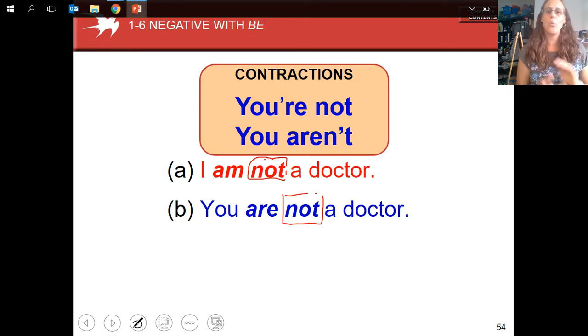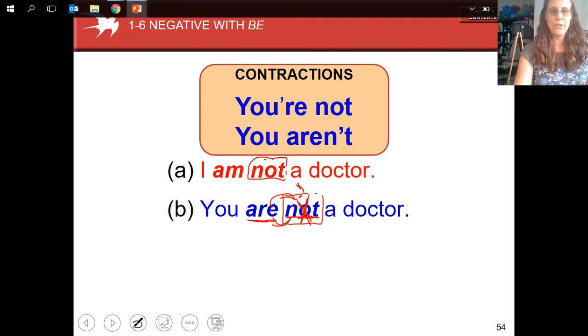Or we can make a contraction with the two words, are and not. We take are and not and we smush them together, are not. And when we put them together, we take away the O and we put an apostrophe.